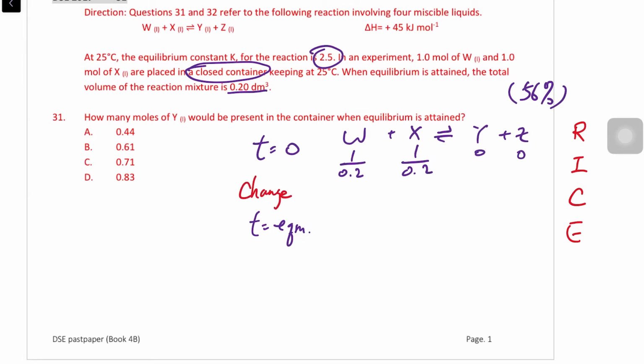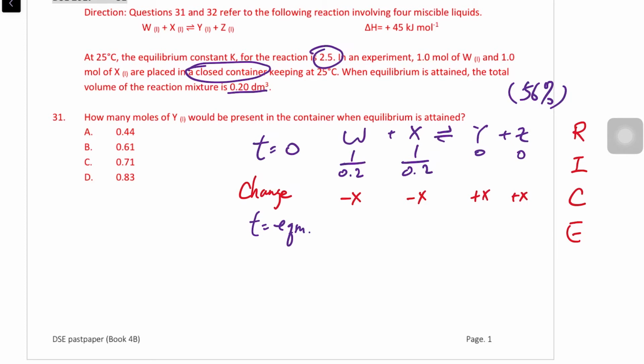The change should be minus x, plus x and plus x, the number of moles.